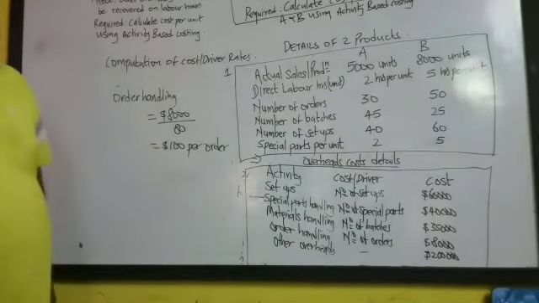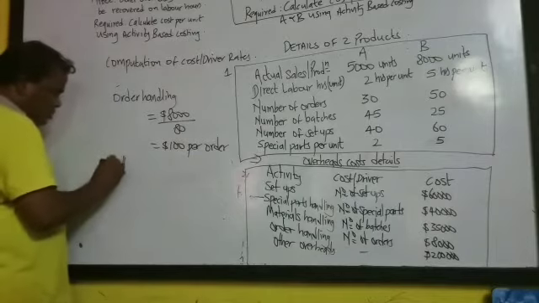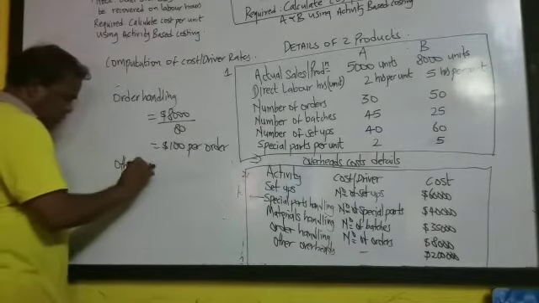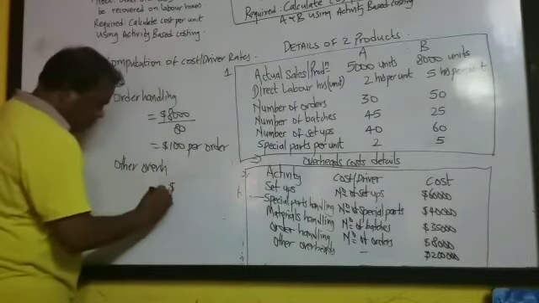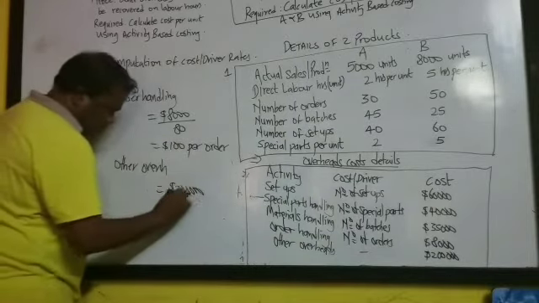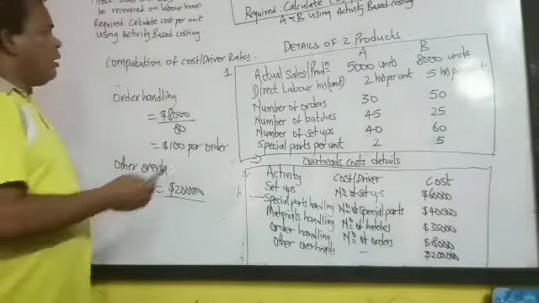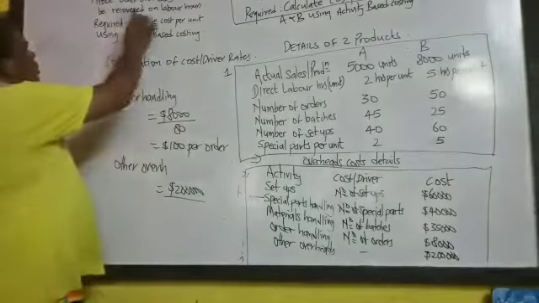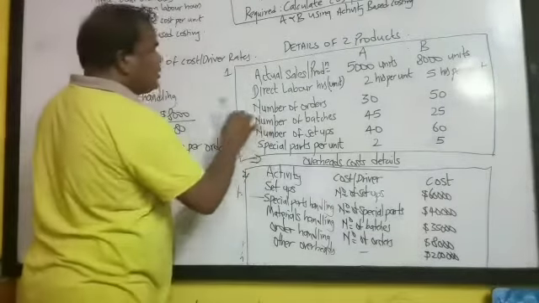And then we have to calculate for other overheads. What is other overheads? 200,000. It will be based on labor hours. Now, other overheads will be recovered on labor hours. So what is the labor hours?